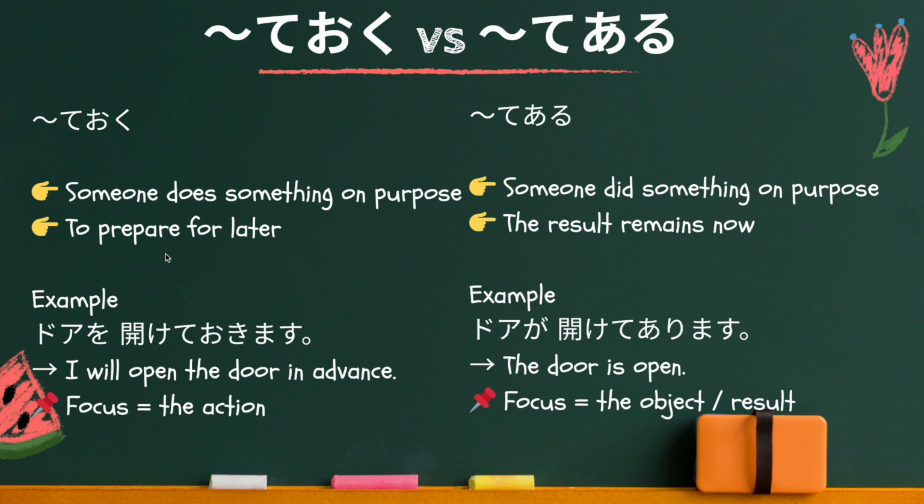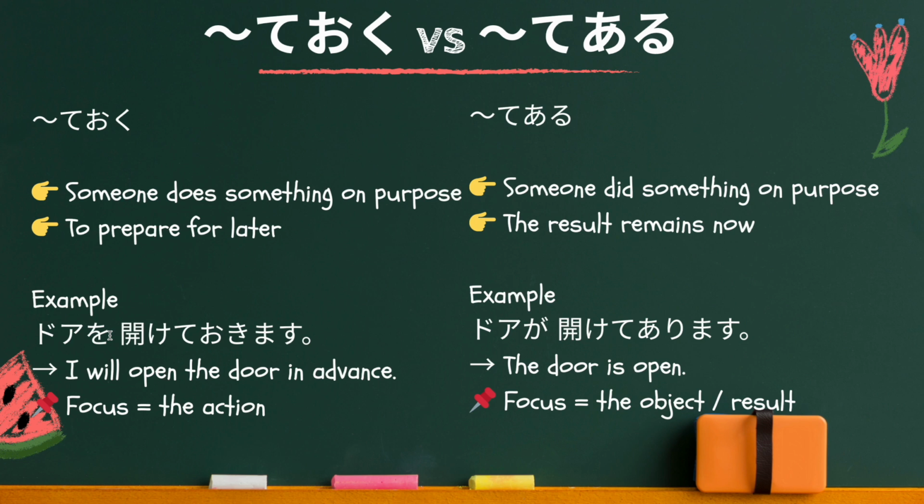So for example, ドアを開けておきます means I will open the door in advance for later purpose. So the focus is on the action. And here you can use the を particle.